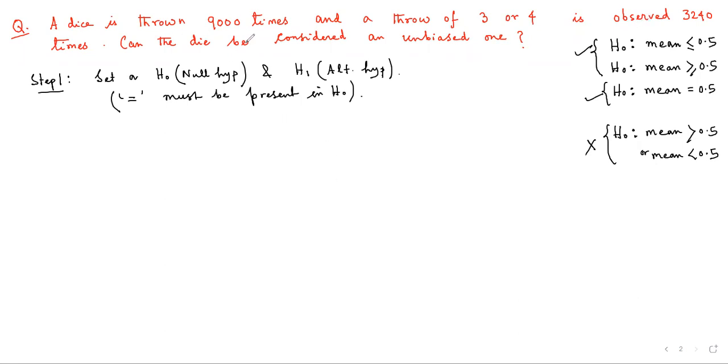So in this situation, we are going to set our null hypothesis. The null hypothesis will be denoted by H0 and the alternative hypothesis by H1, and both of these are actually statements. If you write a statement, you cannot put an equality symbol after H naught; you cannot write H naught is something.